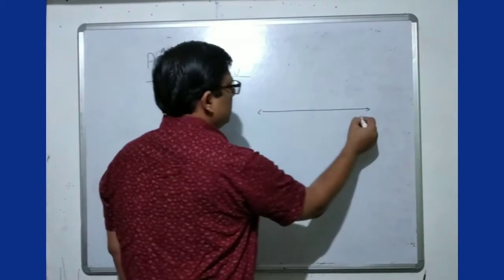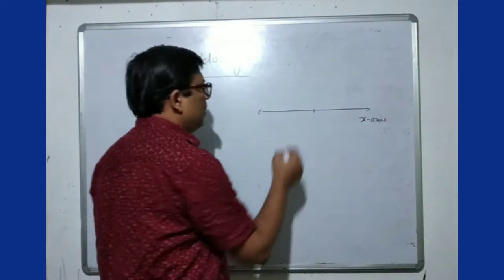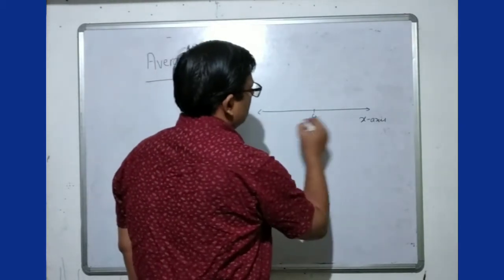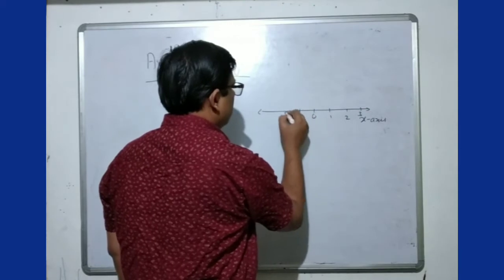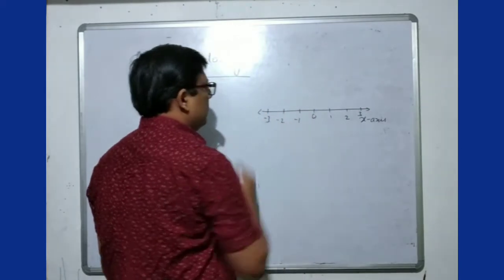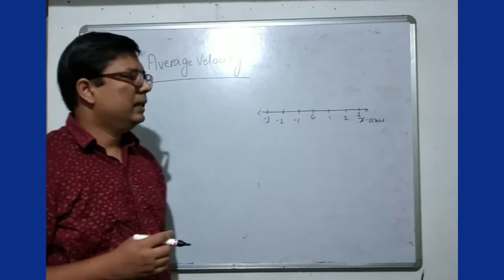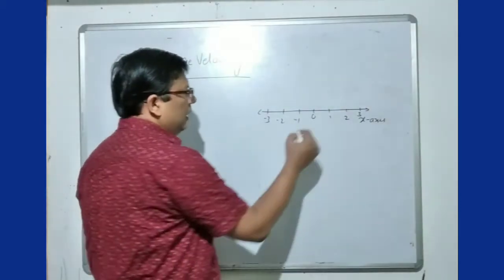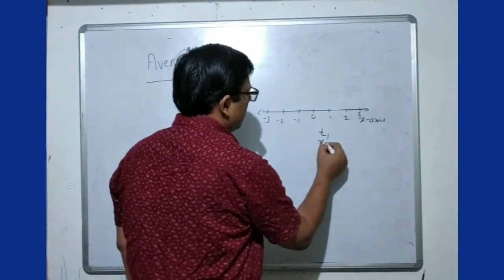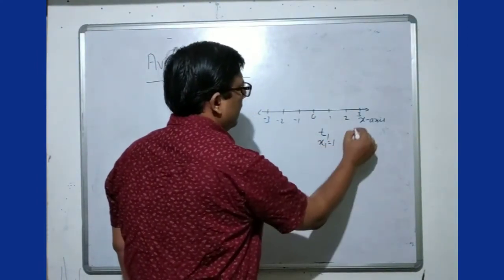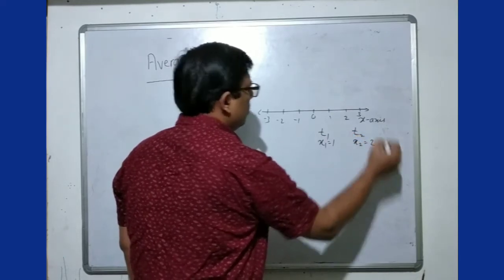So, this is the x-axis. This is our 0 point, then 1, 2, 3, and this is -1, -2, -3. So, the position of any object could be anywhere. Let us say that at time t1, x1 is equal to 1, and at time t2, x2 is equal to 2.